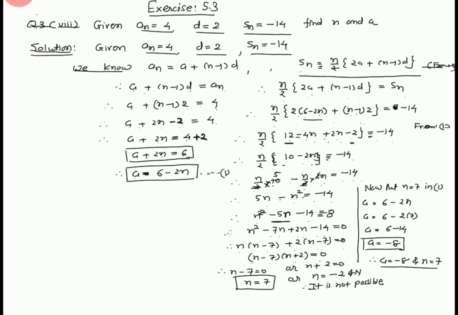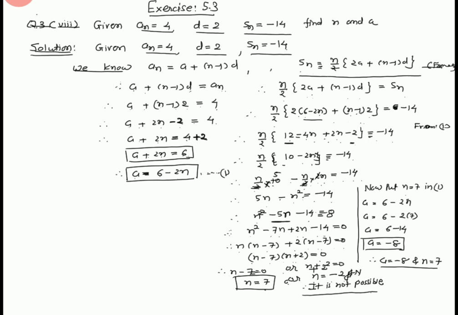Therefore we get n minus 7 equal to 0 or n plus 2 equal to 0. Therefore n equal to 7 or n equal to minus 2. But minus 2 is not a natural number, therefore it does not belong to n. It is not possible. What is the reason? Minus 2 is not a natural number.